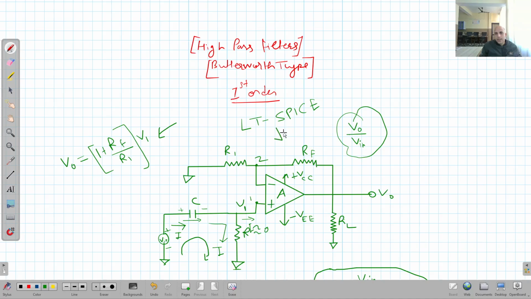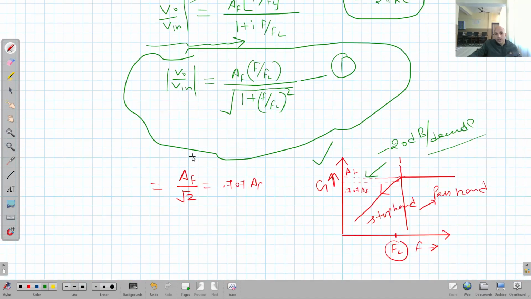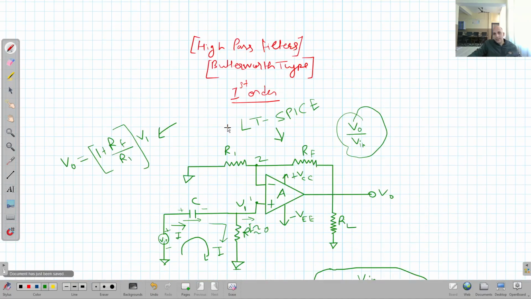You can design this circuit on the LT-Spice, and then you can put the values of R1, RF, all these values, and then you can simulate. Simulate means you can plot this graph. Clear? You can verify that this graph will be of this type, and with the roll off rate, all the things will be nearly the same as those predicted theoretically. So you will get all these results on LT-Spice, right?